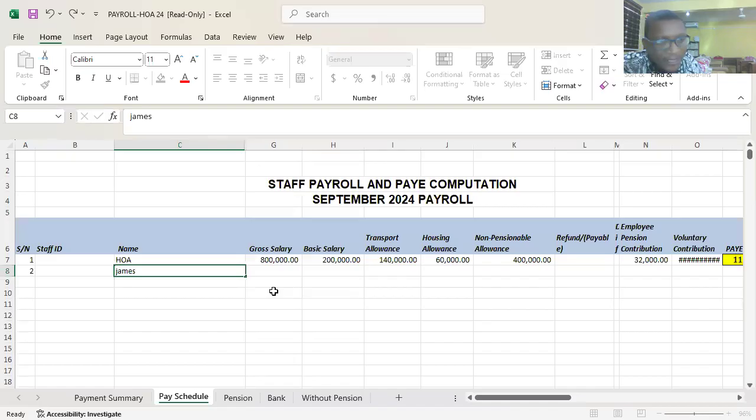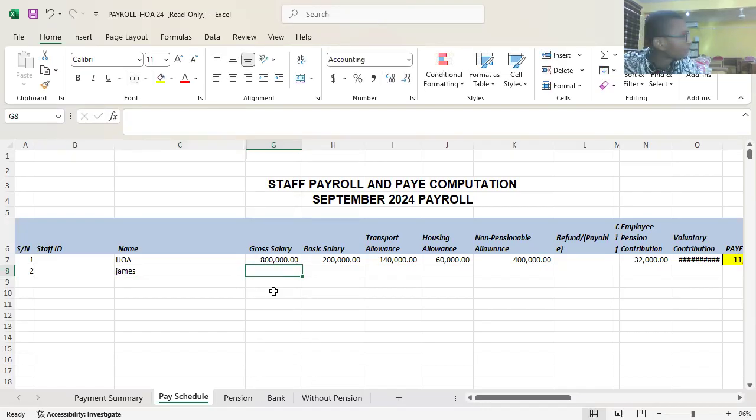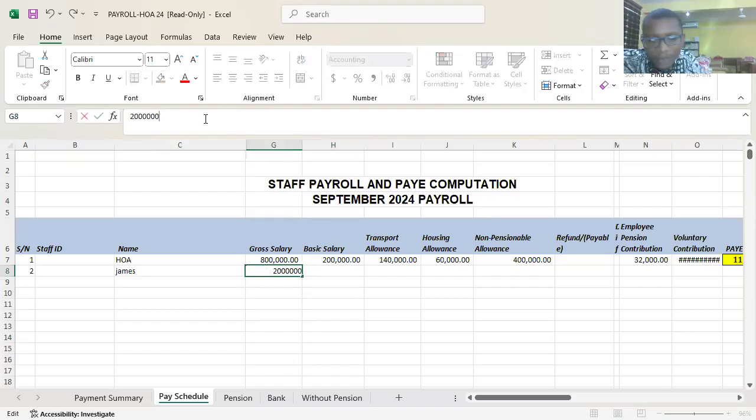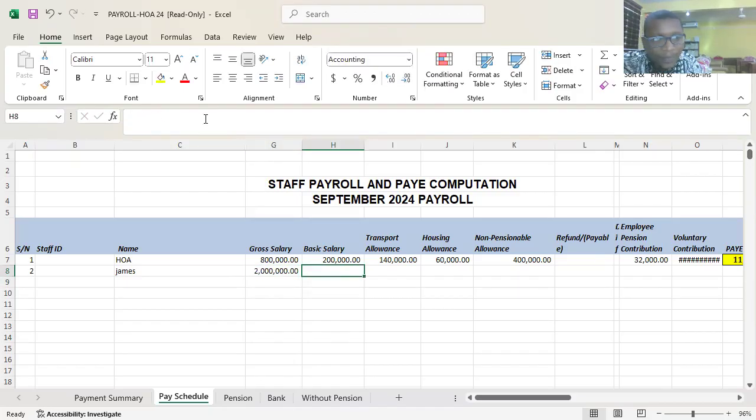So let's assume the name of this person is James. Let's assume that my gross salary is 2 million. I believe we are all doing the same thing. So if my gross salary is 2 million, there's a formula on this already.